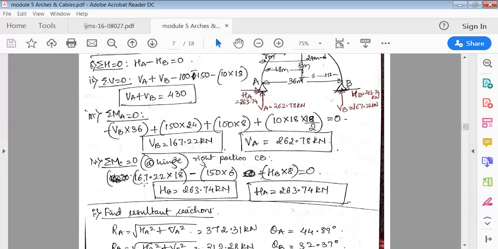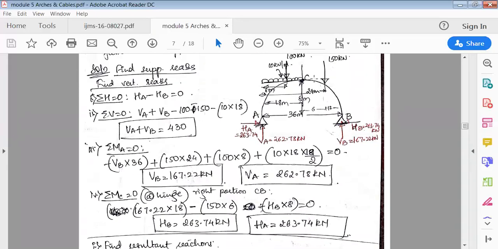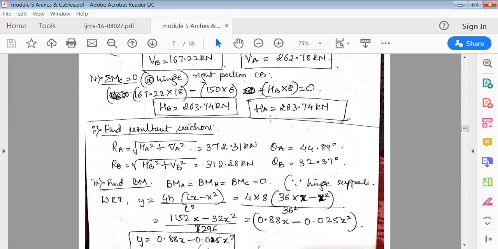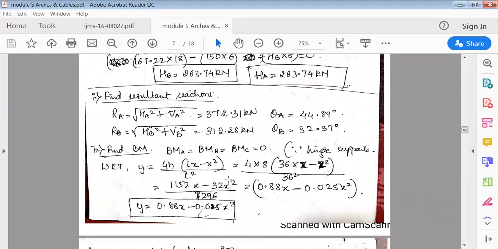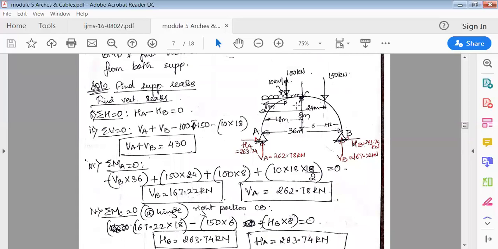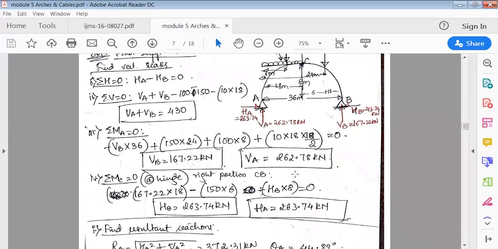Now we know that it is a 3-hinged parabolic arch. So we have the equation of a parabola, that is y is equal to 4h into lx minus x square divided by l square, wherein h is the rise. So rise here is 8 meter.